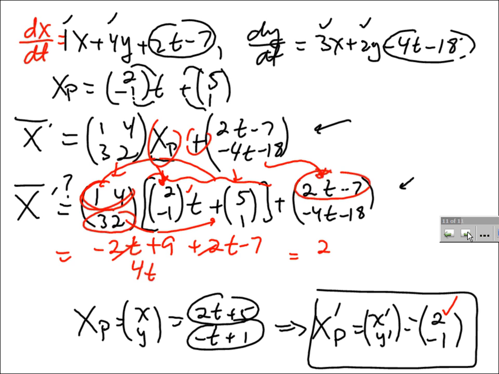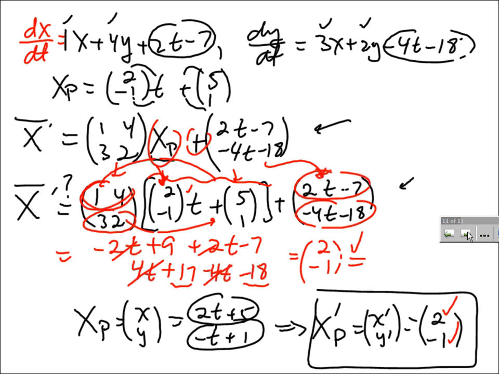And then that product gives plus 15 plus 2 is 17, plus minus 4t minus 18. Well, 4t minus 4t cancels to 0, and 17 minus 18 is negative 1. Exactly what I wanted, and that is x sub p prime. So it did check.